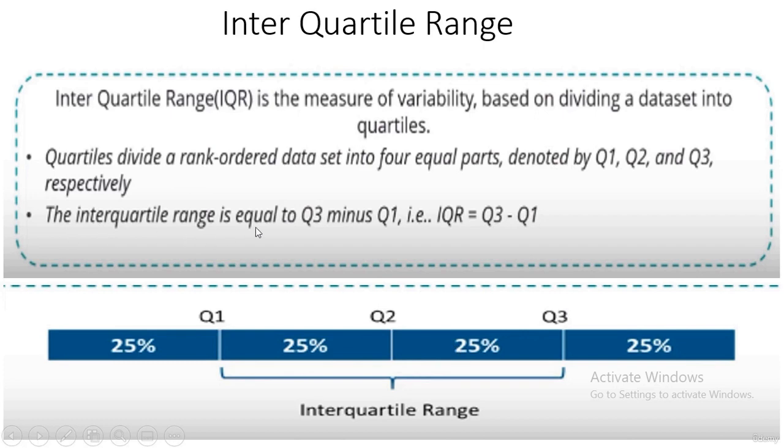The interquartile range is equal to Q3 minus Q1. So this is the way you can find it. Once you calculate Q1, Q2, Q3, you can find the interquartile range by subtracting Q1 from Q3, equal to IQR, that is interquartile range.